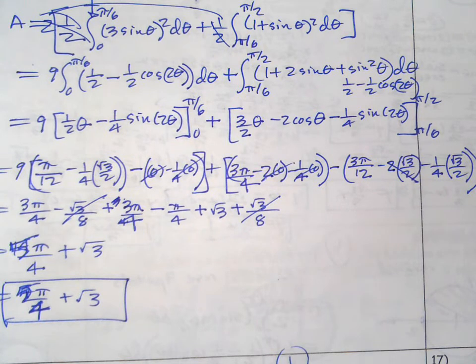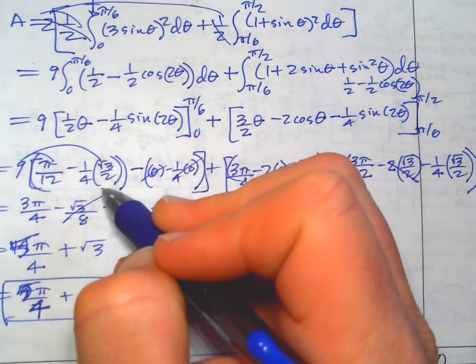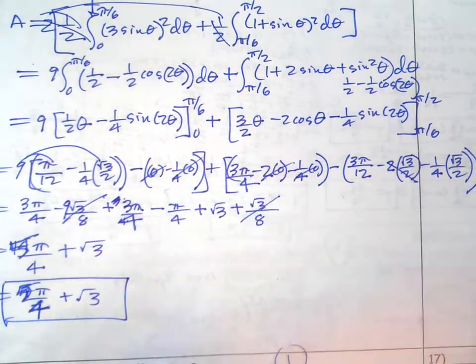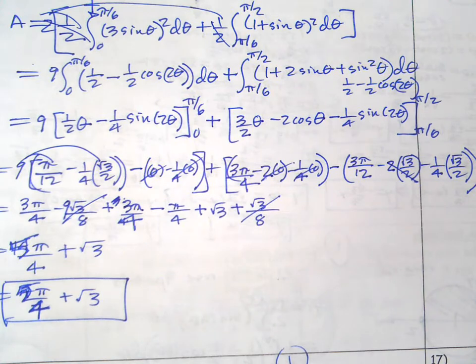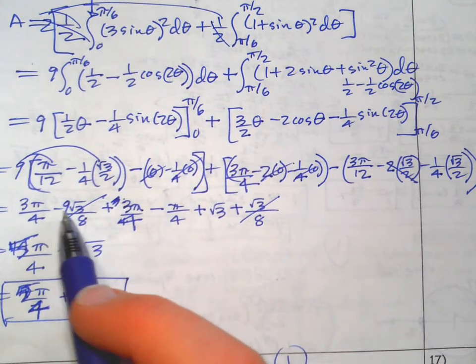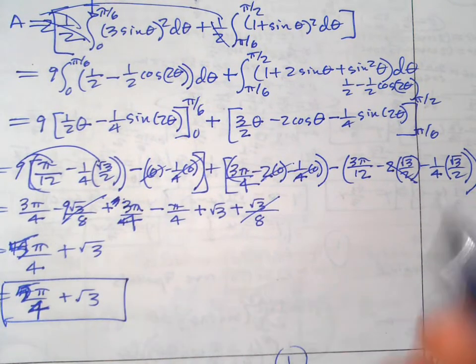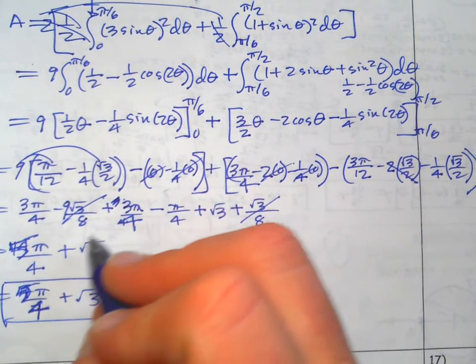Let's see if we can find the other mistake, or if there is another mistake. Oh, this 9 gets distributed to this, so this should be a 9. So we have negative 8 root 3 over 8, which would be negative root 3.